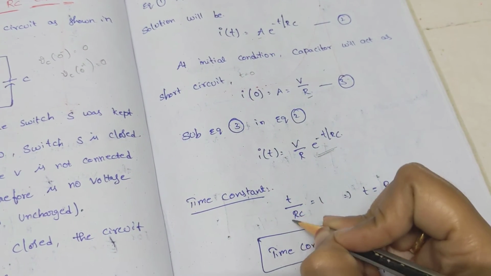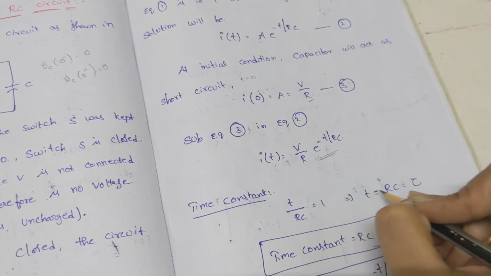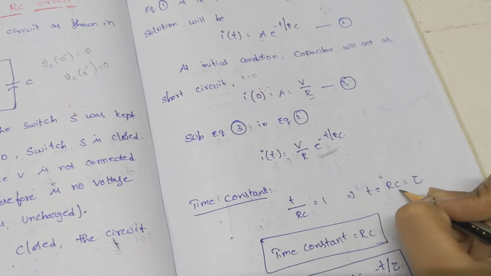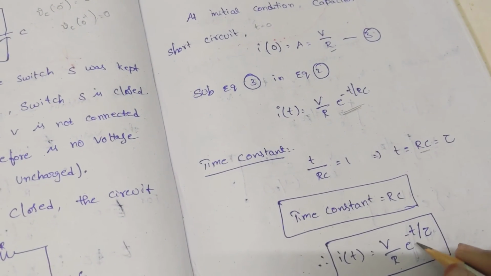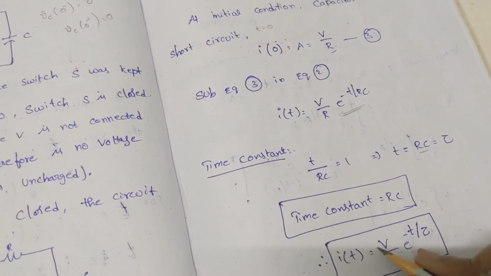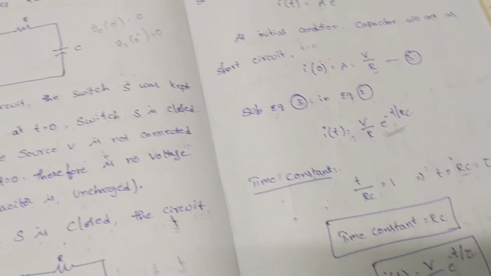So t divided by RC equals 1 means t is nothing but RC. This value will be your tau, RC. So I of t equals V divided by R e power minus t divided by tau.